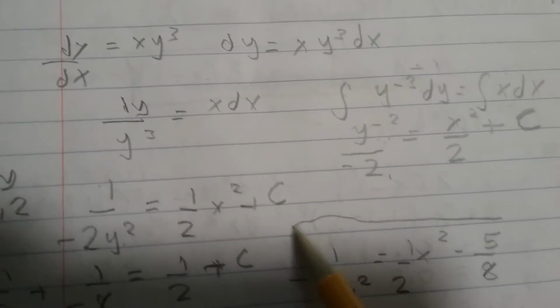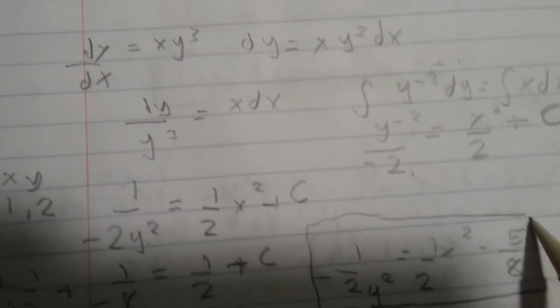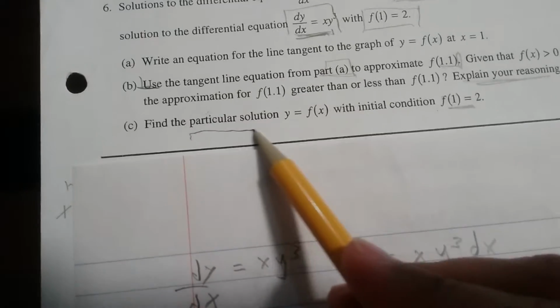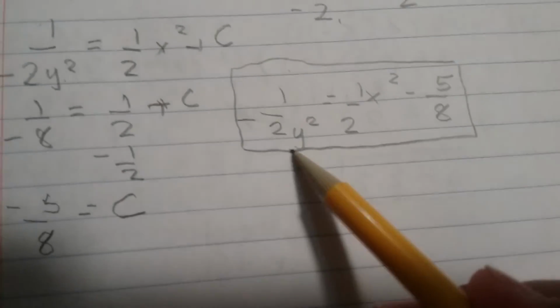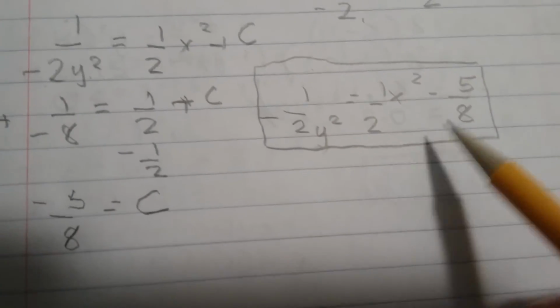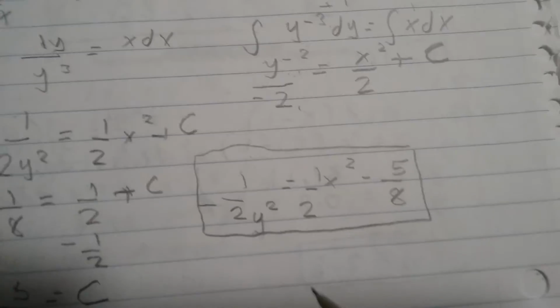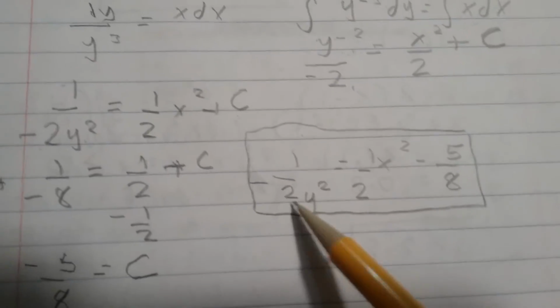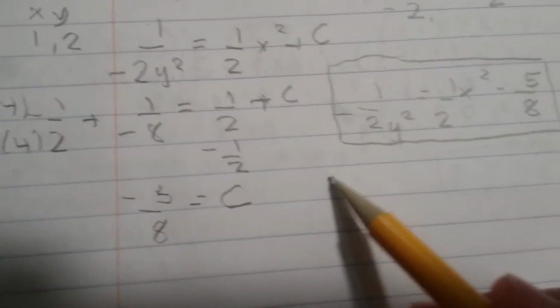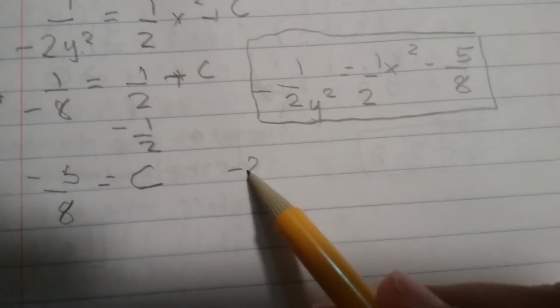So this right here is a general solution to any equation, but we can't stop here because, as the problem says, we need to find the particular solution. At this point we have to isolate the y by itself, so we're trying to find y. To isolate the y, we multiply times negative 2, so we're trying to cancel out negative 2.